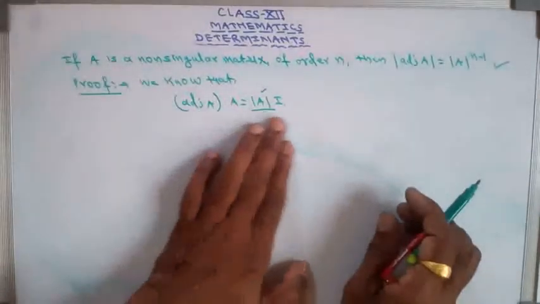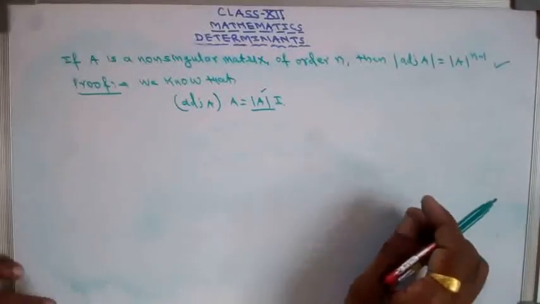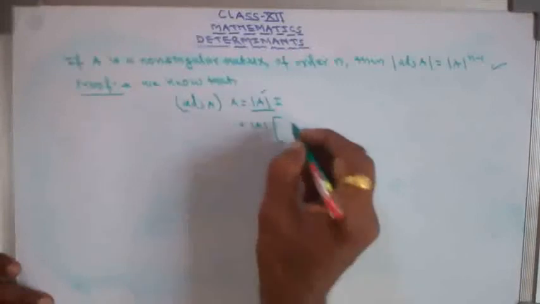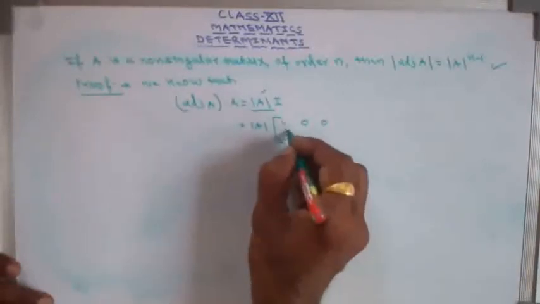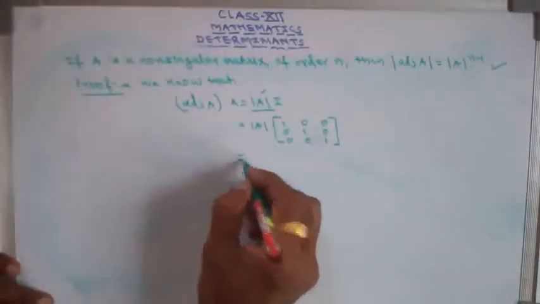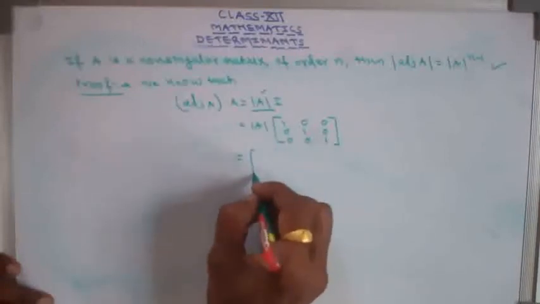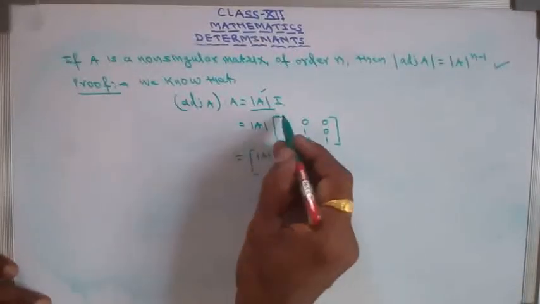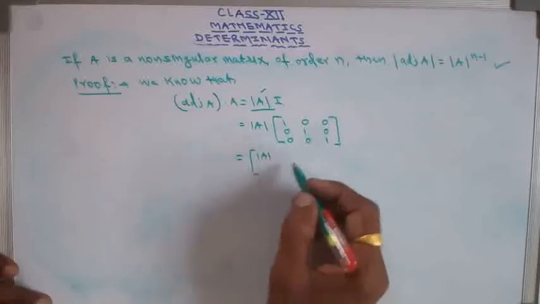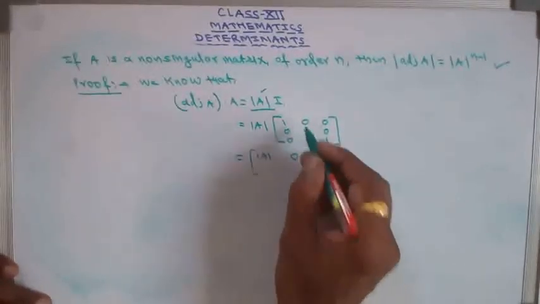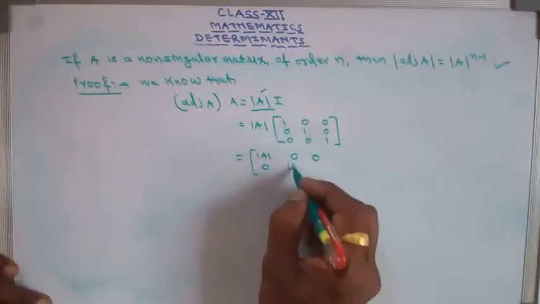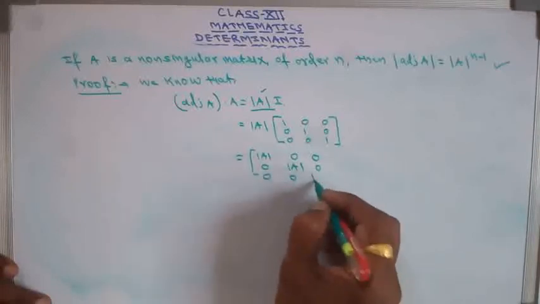You can also multiply this. Suppose it is a matrix of order 3 by 3. So determinant of A into 1 0 0, 0 1 0, 0 0 1, this is your I. Multiplying determinant of A into 1 gives determinant of A, and determinant of A into 0 gives 0, and so on.